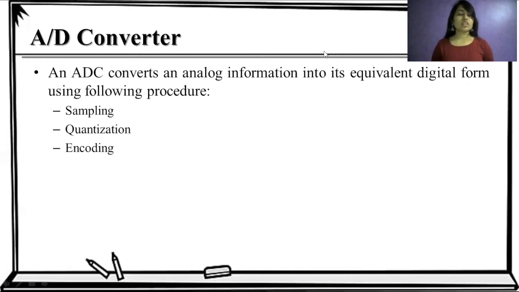These three are basically a method, or a procedure, which can be used to convert analog information into digital form. Now what are sampling, quantization and encoding? We'll discuss them one by one in this session.